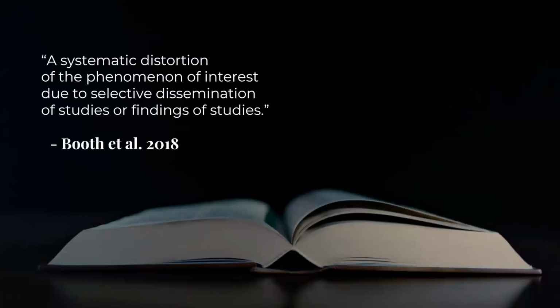One of the most important elements that resulted from the group discussions and expert consultations is the definition of dissemination bias. It reads: dissemination bias is a systematic distortion of the phenomenon of interest due to the selective dissemination of studies or findings of studies.